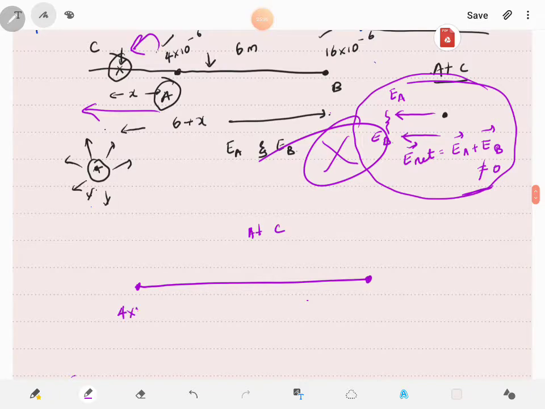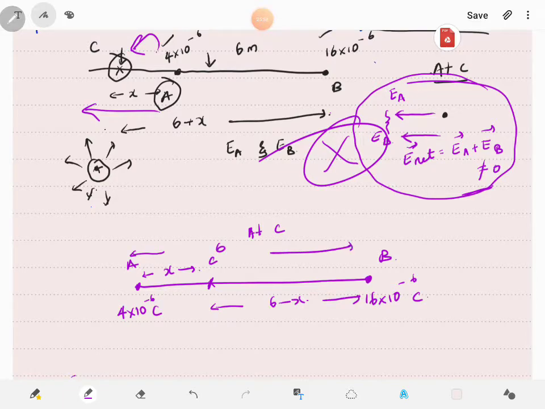This is 4 into 10 power minus 6 Coulomb, and this is going to be 16 into 10 power minus 6 Coulomb. Now A and B, I will call the null point C. Let's say the distance from A to C is x. In this case, the distance from C to B is going to be 6 minus x, because the distance from A to B is already known to us as 6.